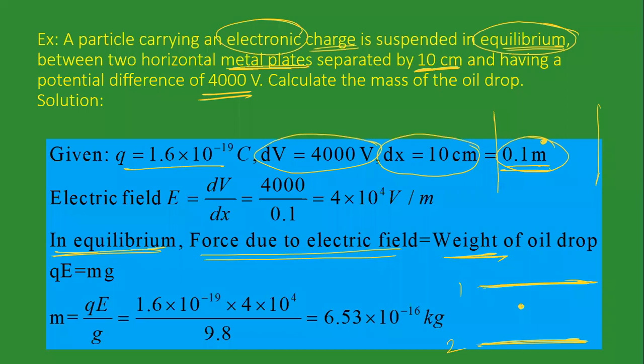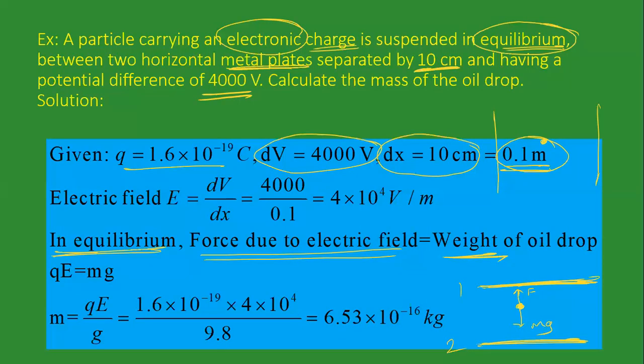Now, obviously, the weight mg acts on the charge in the downward direction, and in the upward direction, some force due to the electric field, or electrostatic force, is applied. And it is in equilibrium, meaning not moving up and not moving down. So these two forces balance each other.